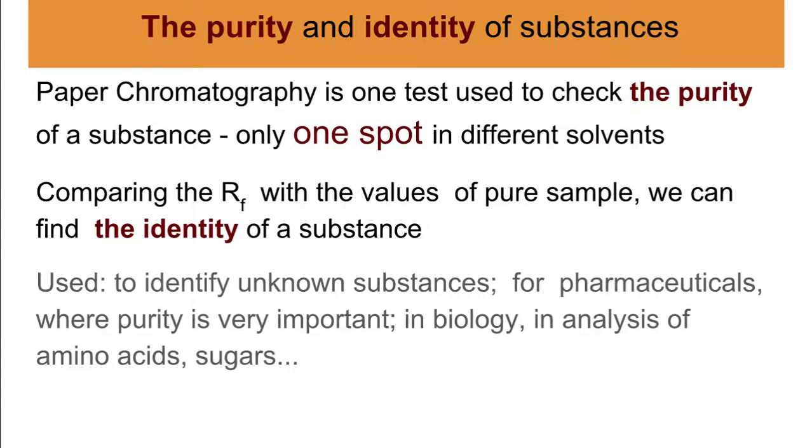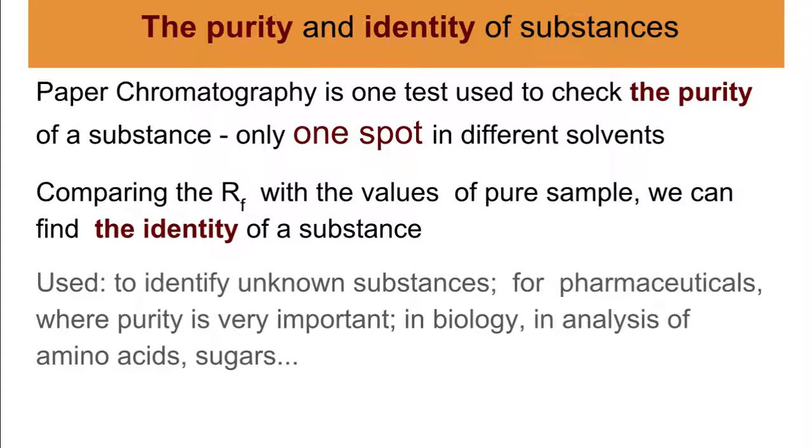And we measure the distance the substances move relative to the solvent, and that is the RF value, which I said is precise for a pure sample. It's a number, and we can find the identity of the substance by finding this RF value.